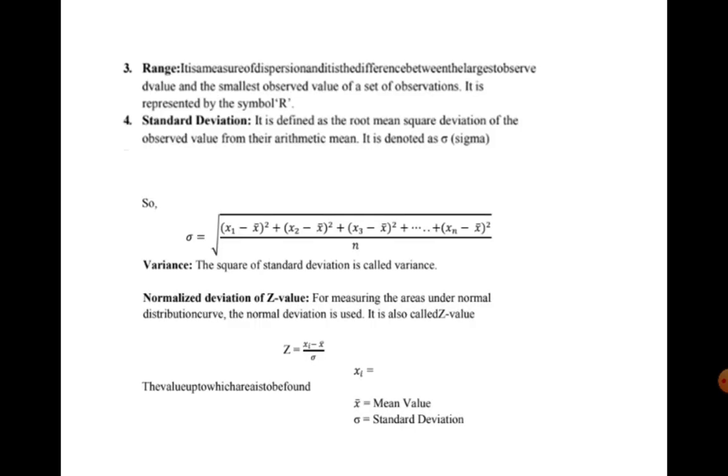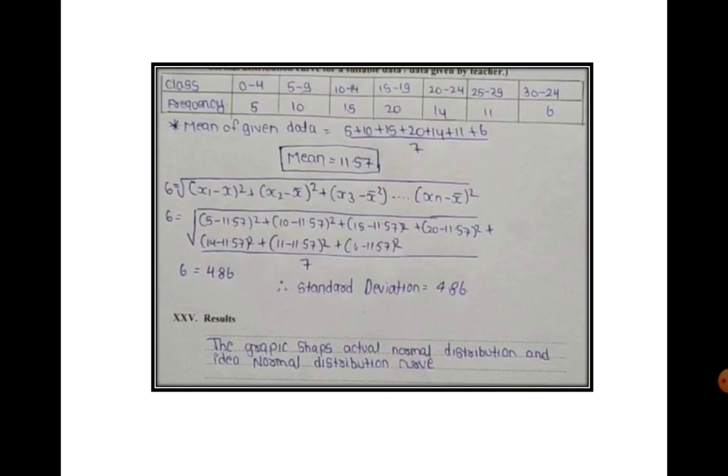The formula is obtained from here. For the sigma value, we take the root of the mean square deviation. The formula is the square root of (x1 minus x̄) squared plus (x2 minus x̄) squared, and so on, and it continues to increase.